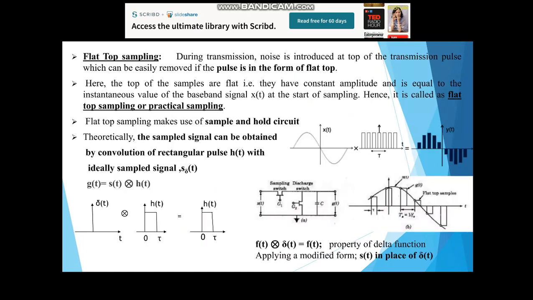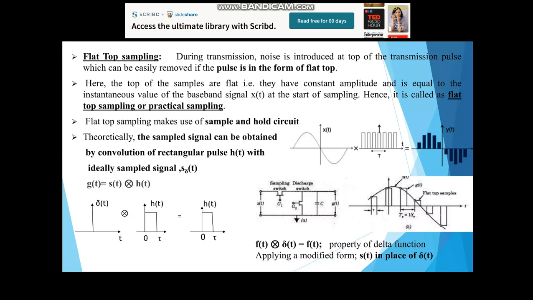Flat top sampling. During transmission, noise is introduced at the top of the transmission pulse, which can be easily removed if the pulse is in the form of a flat top. Here the tops of the samples are flat. They have constant amplitude equal to the instantaneous value of the baseband signal x(t) at the start of sampling.